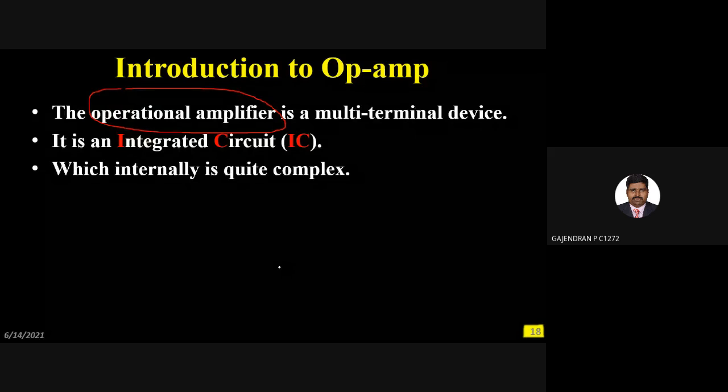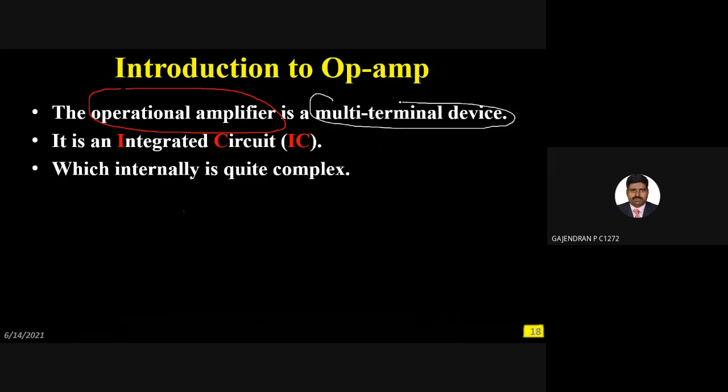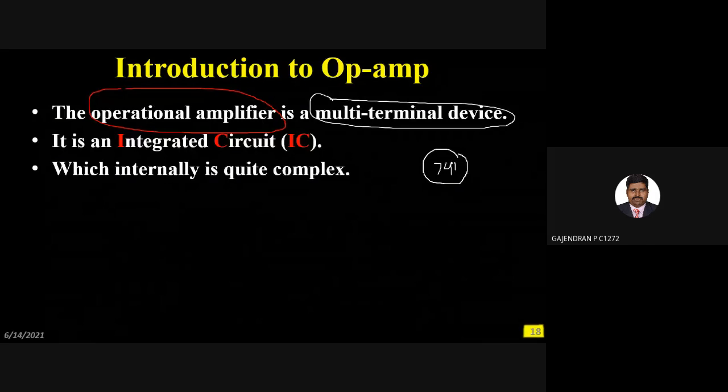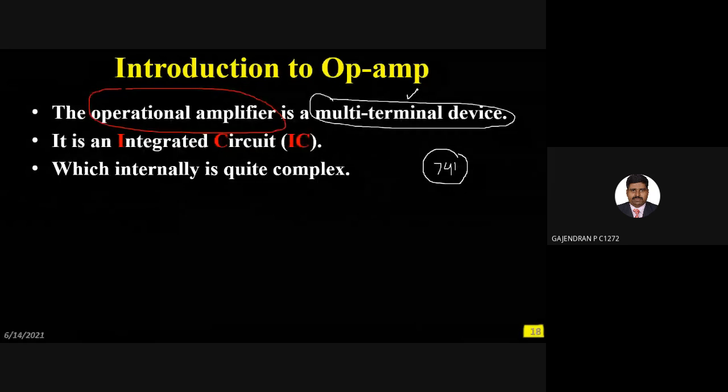Then, a multi-terminal device. We have seen an IC package of 741. How many terminals were there for that particular IC? 8 terminals. So definitely it will be available in the form of multiple terminals, not one or two.